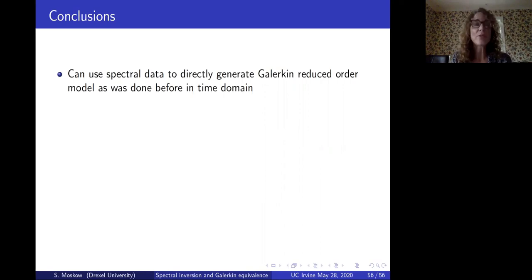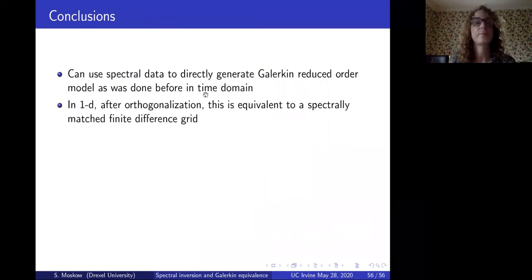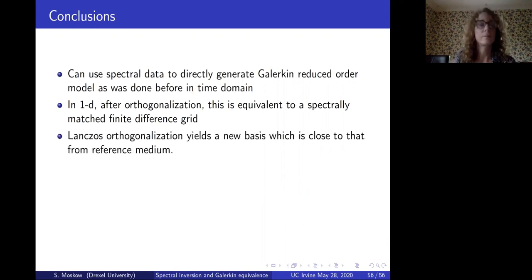We can use spectral data to directly generate a Galerkin reduced order model, as was done before in the time domain. In 1D, after orthogonalization, this is equivalent to a spectrally matched finite difference grid. Lanczos orthogonalization yields a new basis, which is close to that from the reference medium.